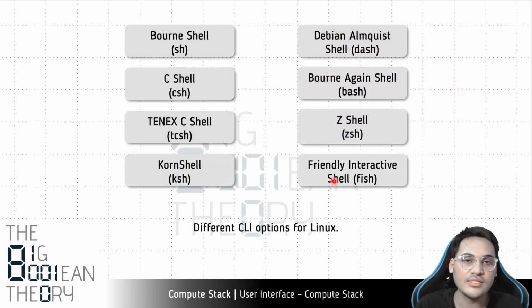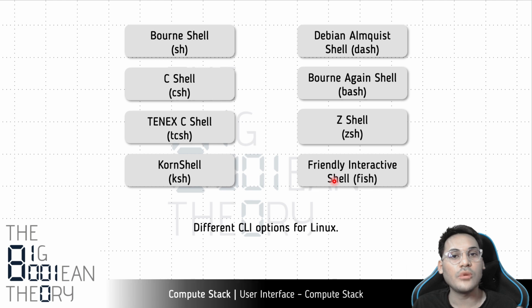The next point is that within the same operating system, you can have different CLI applications to choose from, right? Just a few slides back, we were discussing the different GUI options on the Linux operating system. Two popular options were the GNOME project and KDE. In a similar way, when it comes to the command line interface, there are several command interpreters that have evolved over time.